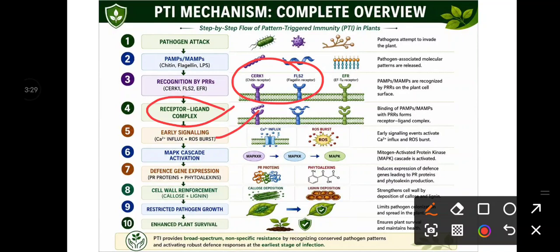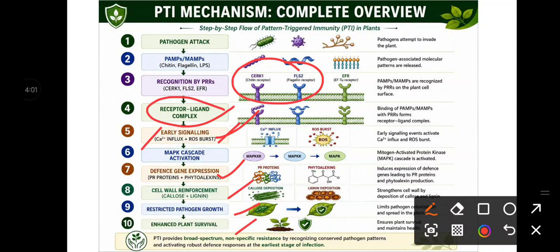Early signaling events include calcium influx, ROS burst, then MAPK cascade or CAMP G protein mediated cascade, or the signaling cascade will be activated that will further activate the defense gene expression like PR protein and phytoalexin. Ultimately, the cell wall reinforcement will occur that will restrict the pathogen growth, and finally enhanced plant survival will be there. So disease will be restricted.